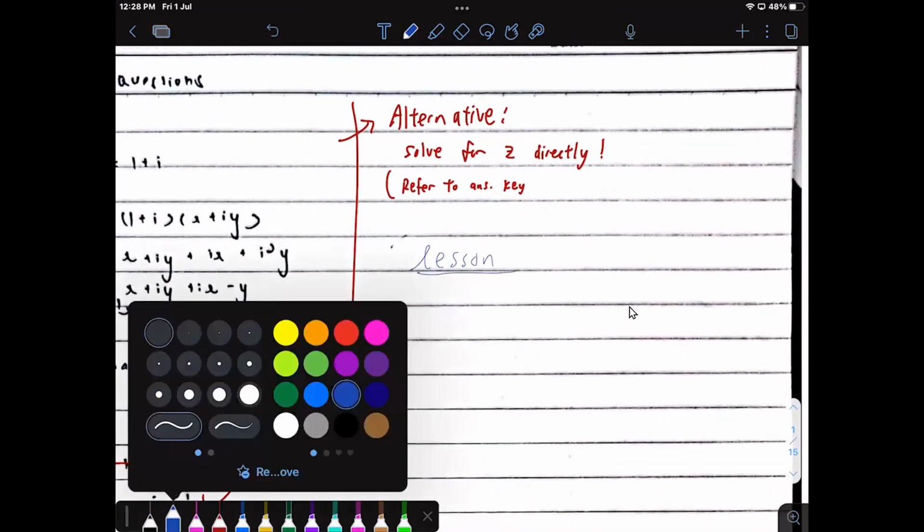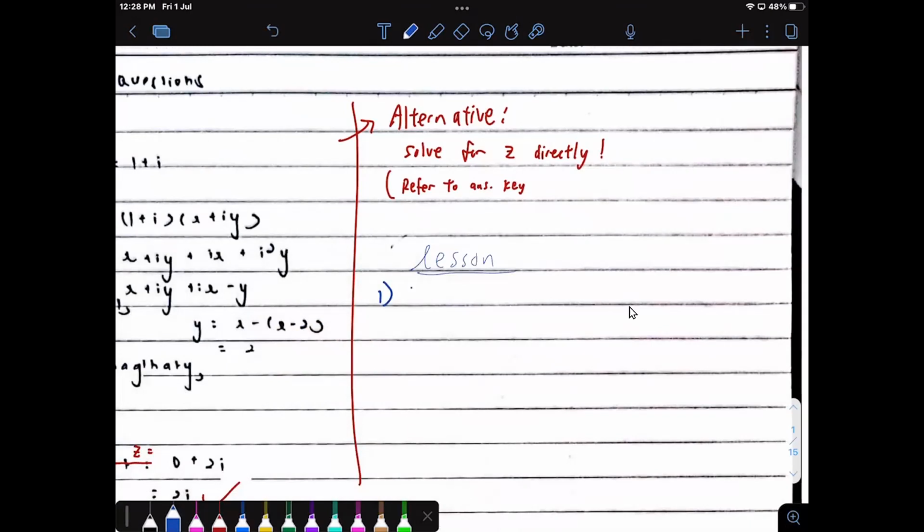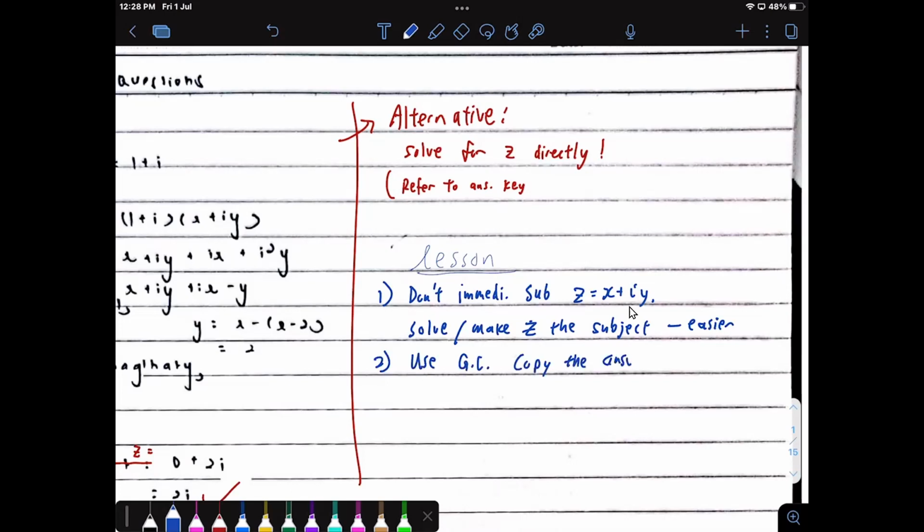Number one, don't immediately sub z equals x plus iy. Make z the subject. Easier. Number two is use GC. Trust the GC. Copy the answer directly from GC.